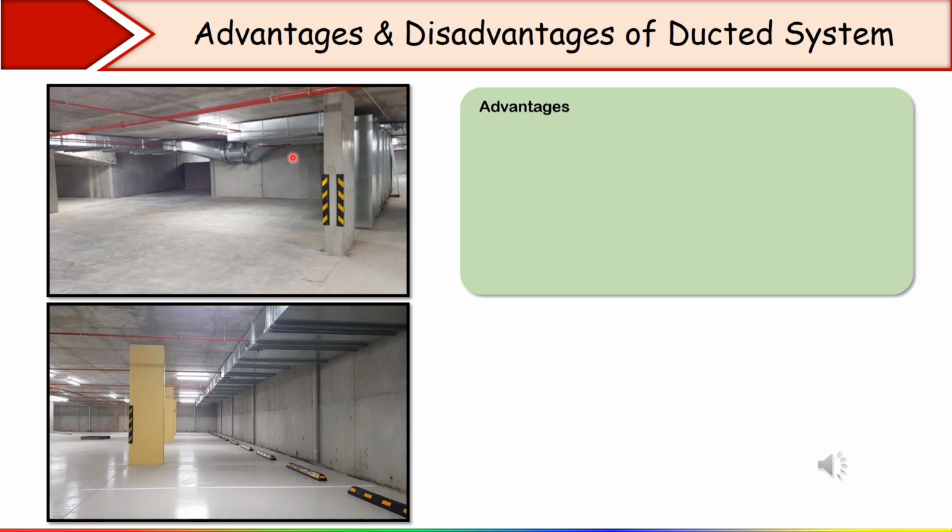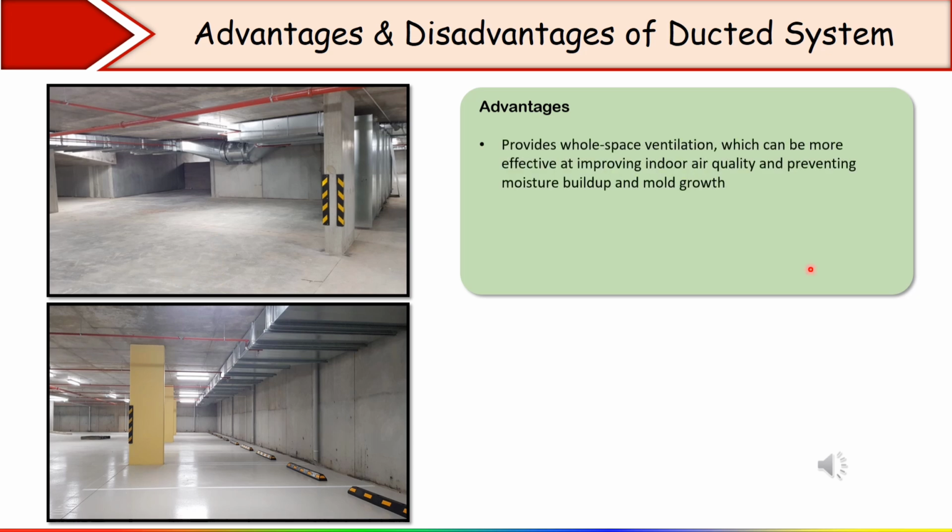So what are the advantages and disadvantages of using this ducted system? The ducted system also has some advantages. The first advantage is that this system provides whole space ventilation. Why?